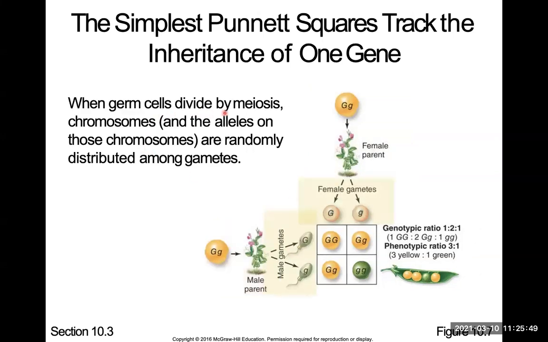When the germ cells divide by meiosis, you guys remember the term from last lecture, germ cells are referring to the gametes: female gametes, eggs, and male gametes, sperm. They divide by meiosis, and the alleles on those chromosomes are randomly distributed. This is called independent assortment.